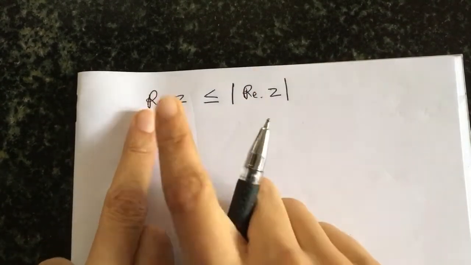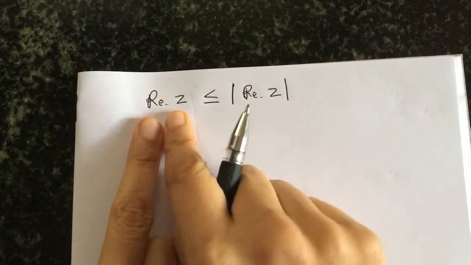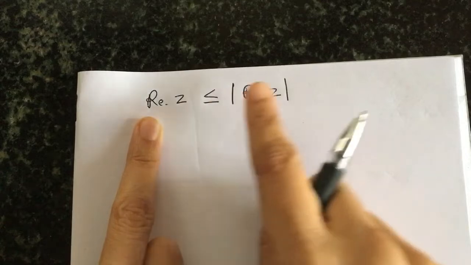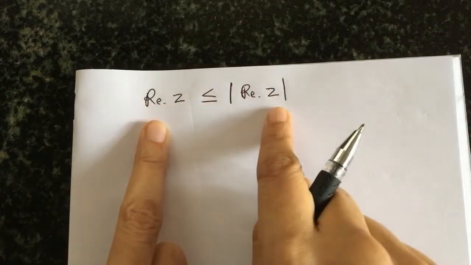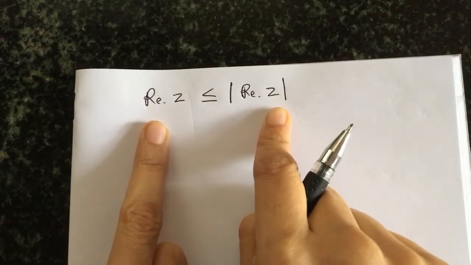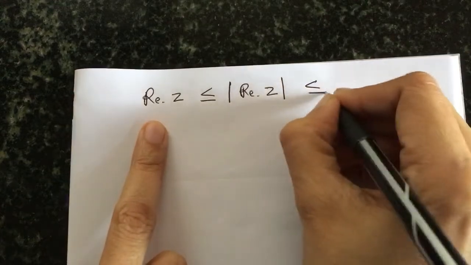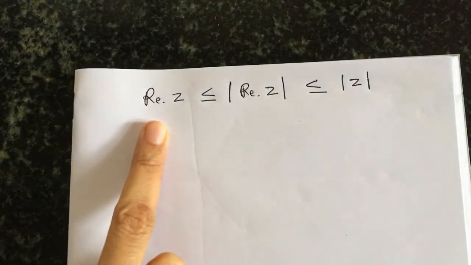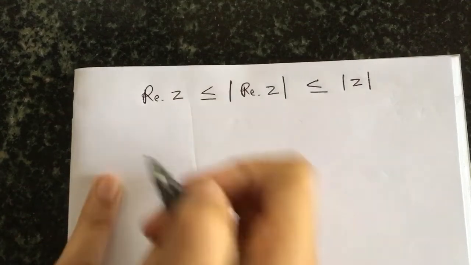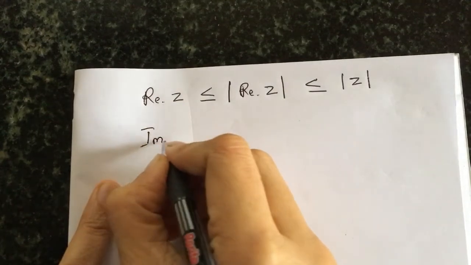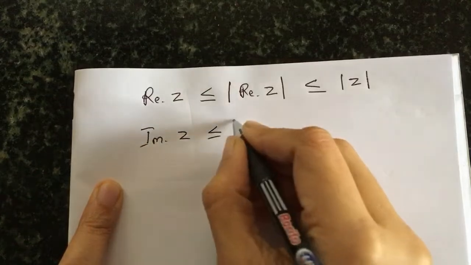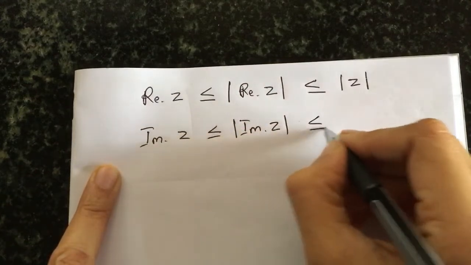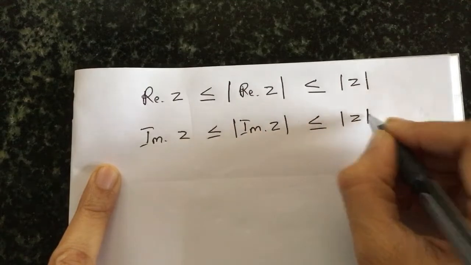If the real part of z is positive, then of course they are equal. If it is negative, then this will be less than the modulus of the real part of z. And this will either be equal to mod z or less than mod z. Similarly, I can write the imaginary part of z is less than or equal to the modulus of the imaginary part of z, and of course it will be less than or equal to mod z.